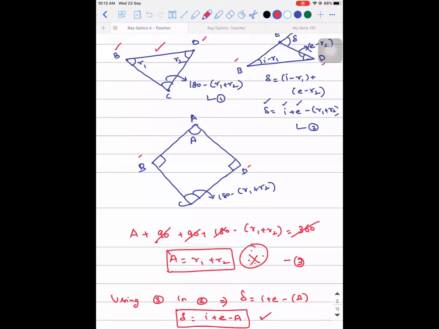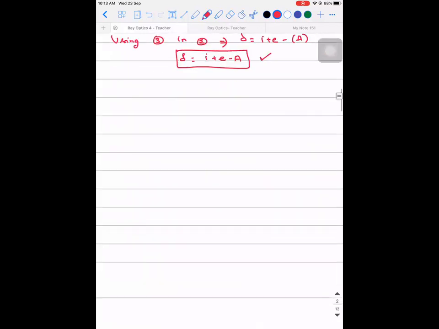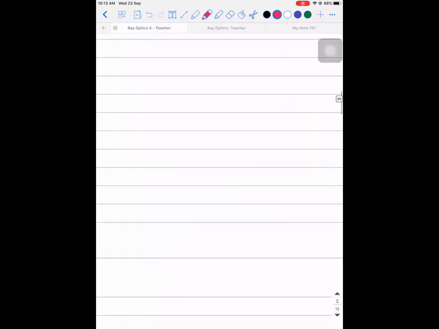Okay. I hope it is clear. Shall I move on to the next concept? See, till now whatever we saw was the relation between all the angles. The next concept that we are going to see is called the angle of minimum deviation.